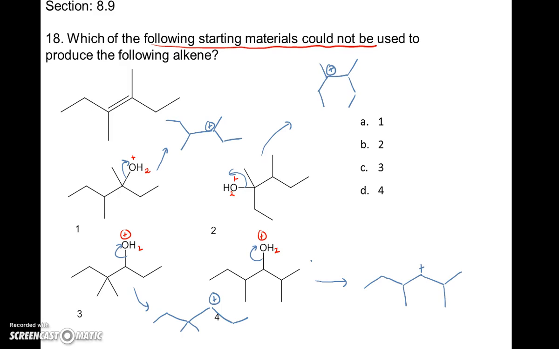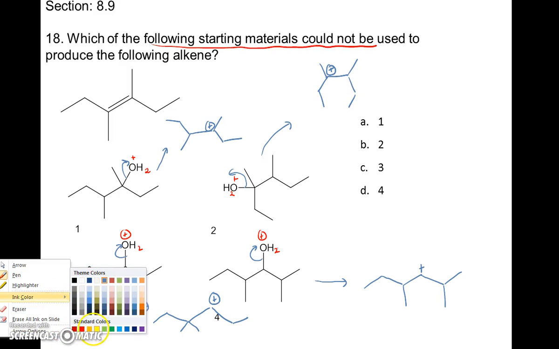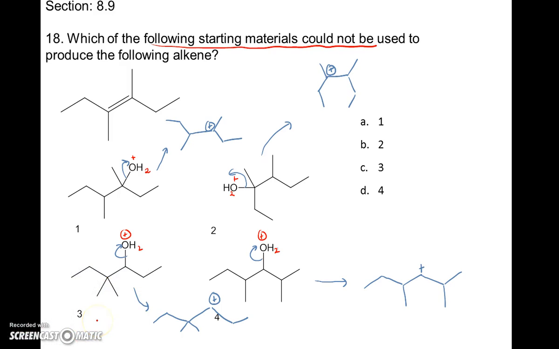So let's look at all the carbocations to be able to decide which ones can lead to the product as stated. This is a possibility, because if this methyl group were to migrate, then you can get to this, right? And this will give you this. This will also give you this, right?